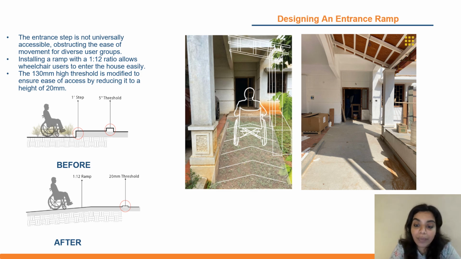At the main entrance, we made sure that we followed the 1:12 ratio for the ramp, and that the threshold at the entrance is not more than 20 mm, which was initially 130 mm. That makes it very difficult for a wheelchair to gradually move into the space.